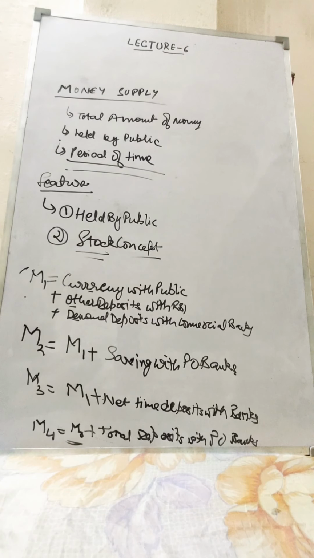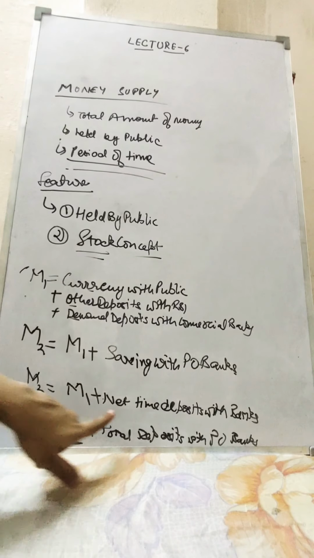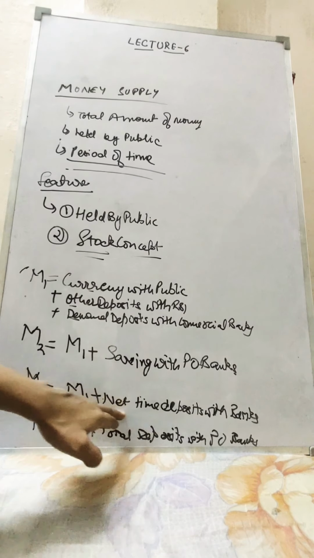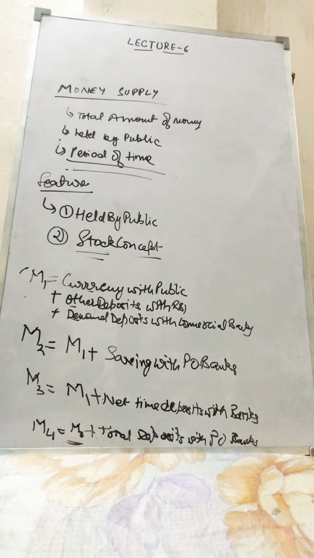But M4 is the least liquid. Why? Because net time deposits come in here. Whenever there is time involvement, it involves a fixed period, that is, withdrawal can be done only after a fixed period. So that's why it is the least liquid method of calculating money measures.